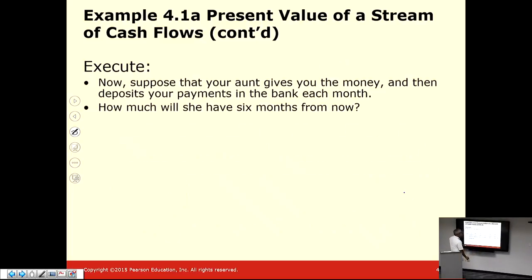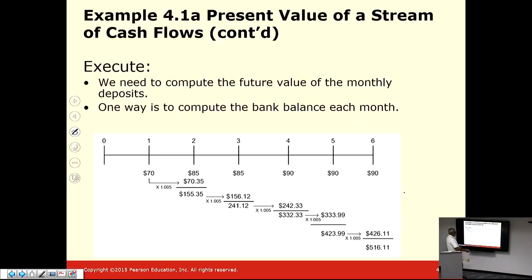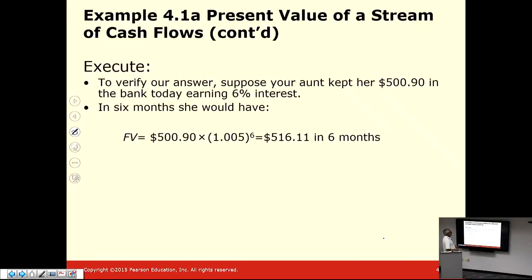So I could do present value or future value, which would be 51,611. Again, same thing, I can do it back and forth. 1.005 raised to the power 6, 51,611.